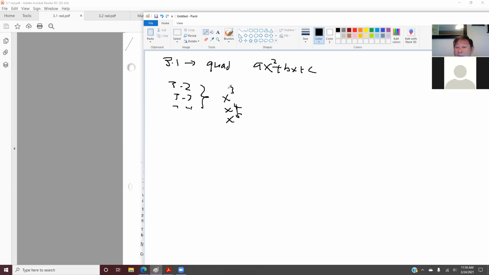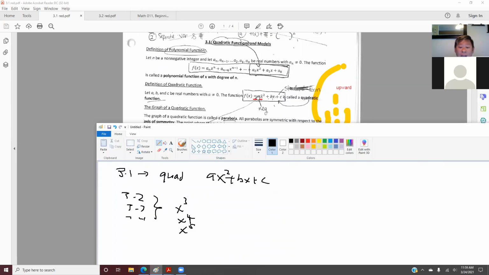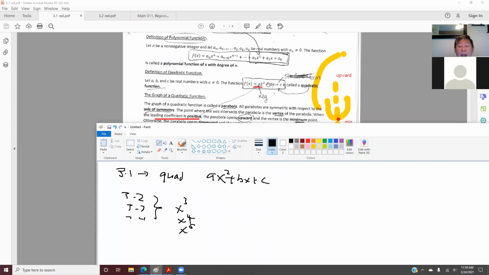So the higher the power, the more difficult it gets. So right now we are doing a quadratic function, which is ax squared plus bx plus c. This is called the quadratic function. So this we know is a parabola.